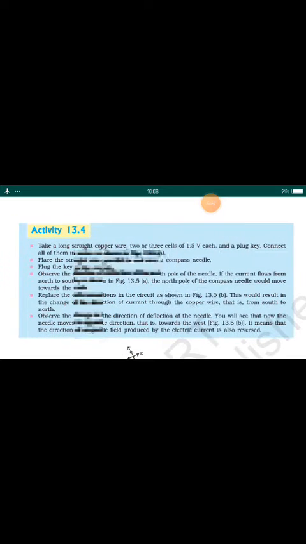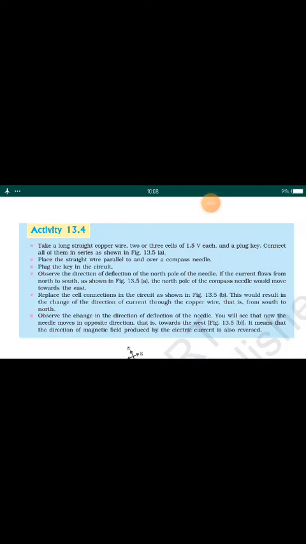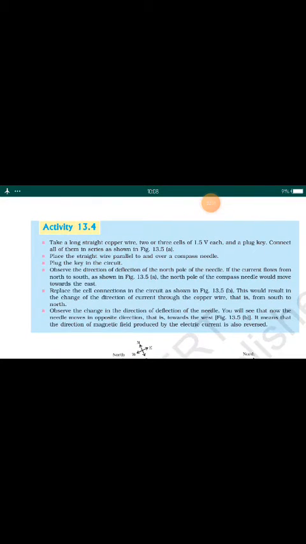Activity 13.4. Take a long straight copper wire. हमें copper wire लेना है. 2 or 3 cells of 1.5 volt each and a plug key. Connect all of them in series as shown in the figure. उसको हमें सीरीज में कनेक्ट करना है.